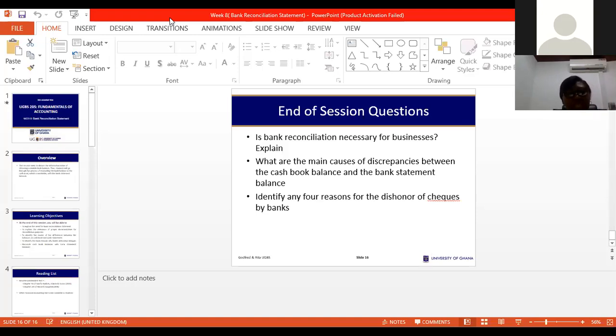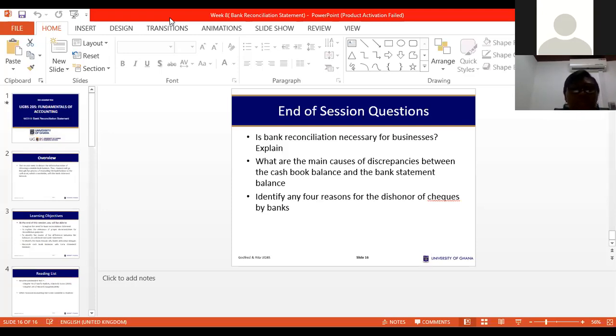We expect that at the end of the month or periodically, when we go for our bank statement, the balance on our bank statement should be equal to the balance on the bank column of our cash book. But that may not necessarily be the case.